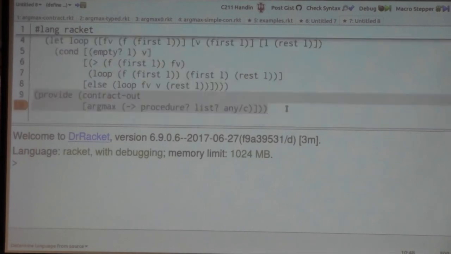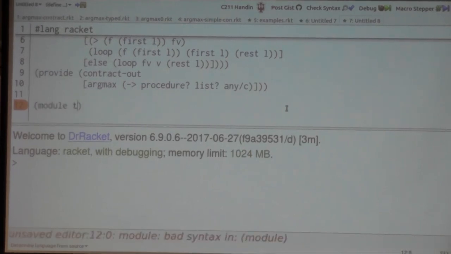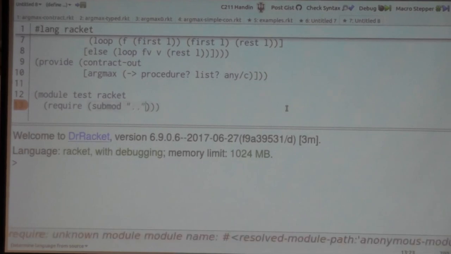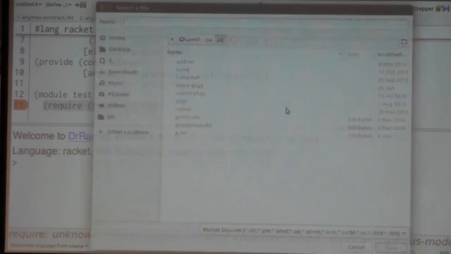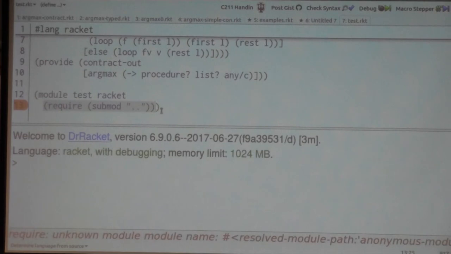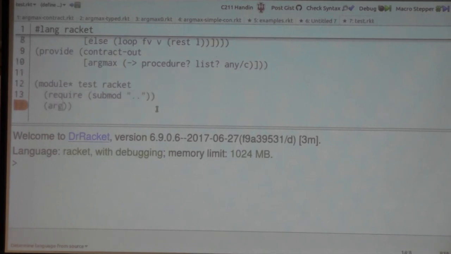And I'm going to write our first contract error. Okay, so here's a program that works correctly.